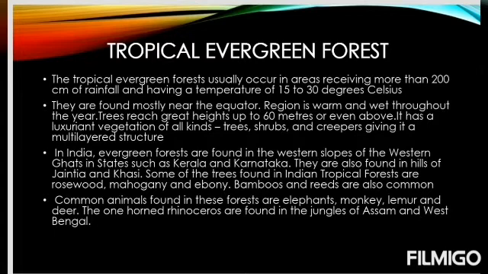Bamboos and reeds are also common. Common animals found in these forests are elephant, monkey, lemur and deer. The one-horned rhinoceros is found in the jungles of Assam and West Bengal.